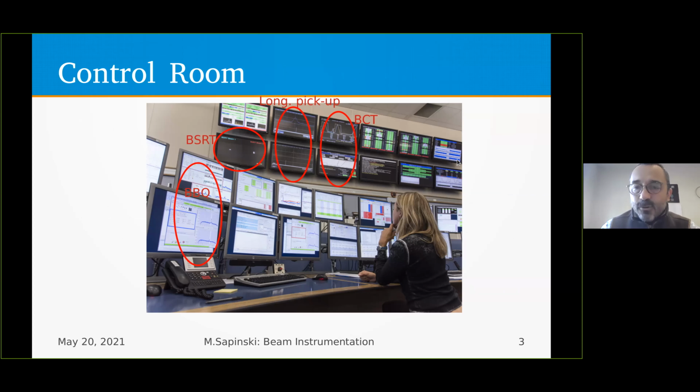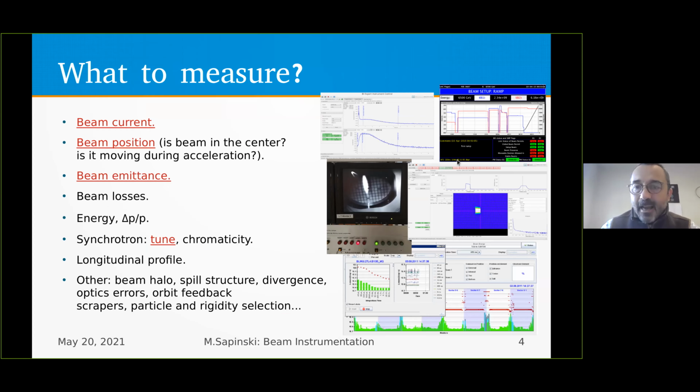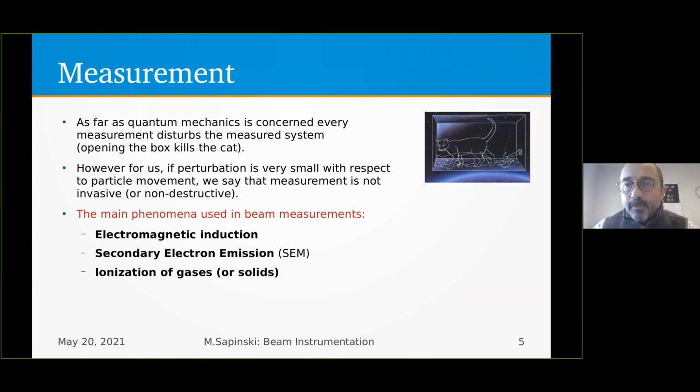The cat, as you know, is alive until the moment we measure it. We don't know in which state it is before we measure. When we measure, it's either dead, so the measurement affected the cat, or it's alive, but definitely the cat noticed that the box was open.